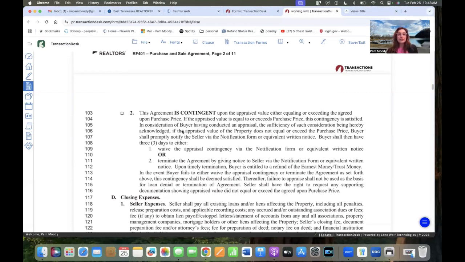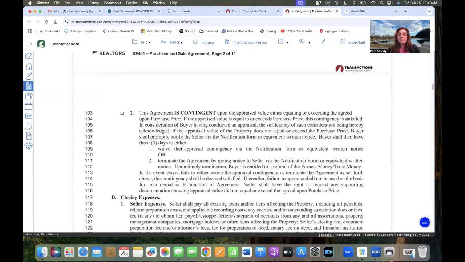In consideration of buyer having conducted an appraisal, the sufficiency of such consideration being hereby acknowledged. If the appraised value of the property does not equal or exceed the purchase price, buyer shall promptly notify the seller via notification form or equivalent written notice. It's easier to use the notification.